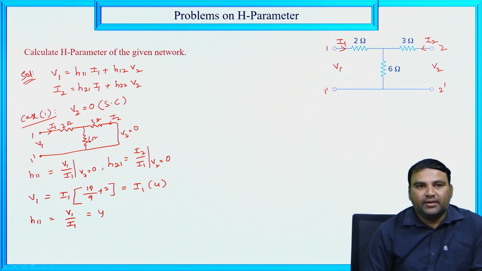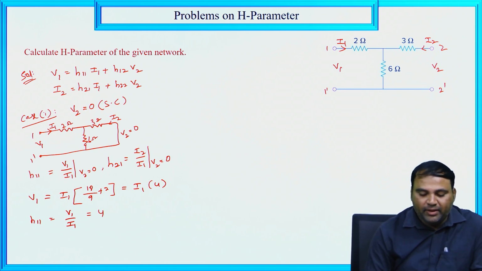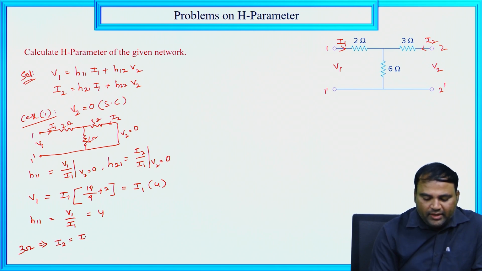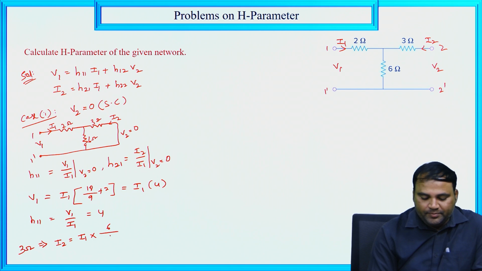So H11. Similarly, H21, that is I2 by I1, means calculate current through this 3 ohm resistor. So here at 3 ohm resistor, I2 equal to current division rule, total current is I1 into opposite element, 6, divided by sum of 6 and 3, 6 plus 3, 9.